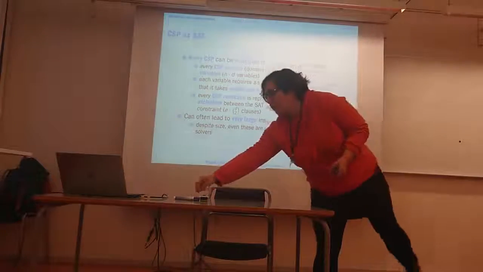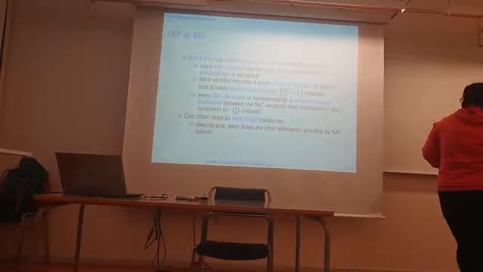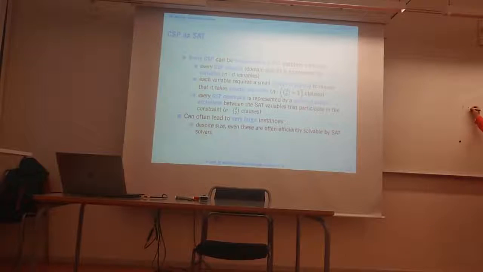CNF was the conjunctive normal form. It is basically a conjunction of clauses, where the literals in each clause are in a disjunctive relation with each other.